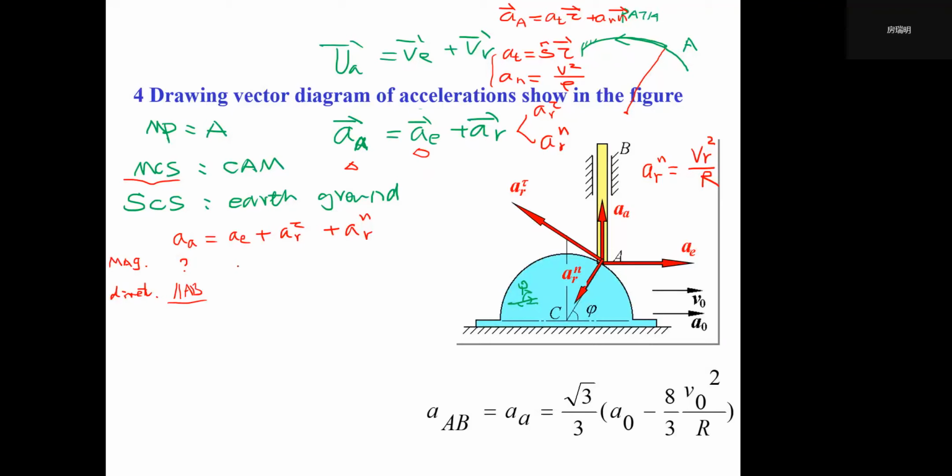And for AE, we know its magnitude will be A0, and its direction will be the horizontal line pointing in the same direction as positive x. And AR tau, we don't know its magnitude, but we know its direction because it will be perpendicular to AC.